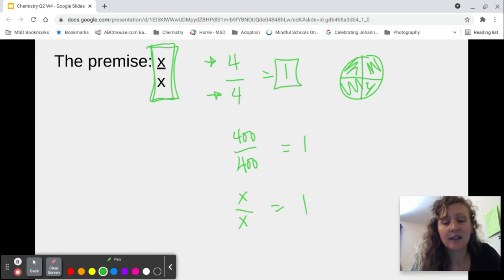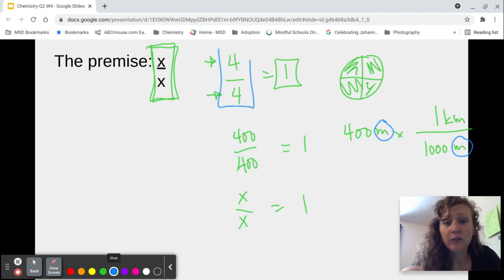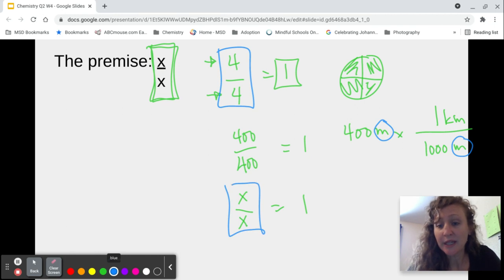Because in that example we just saw, if we have 1,000 meters equal to 1 kilometer, look at what I have. I have meters over meters. If 4 over 4 is equal to 1 and x over x is equal to 1, well, meters over meters is also equal to 1.